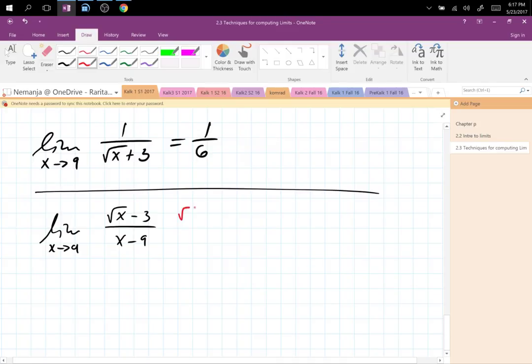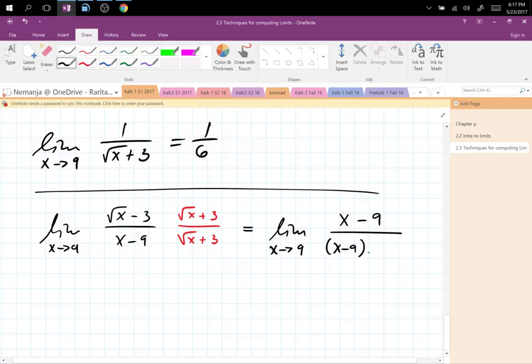I'm going to multiply by root x plus 3, over root x plus 3. When you multiply on top, you get x minus 9 when you FOIL, and on the bottom you have x minus 9 over root x plus 3. Those guys cancel, and there's your 1 over 6 again.